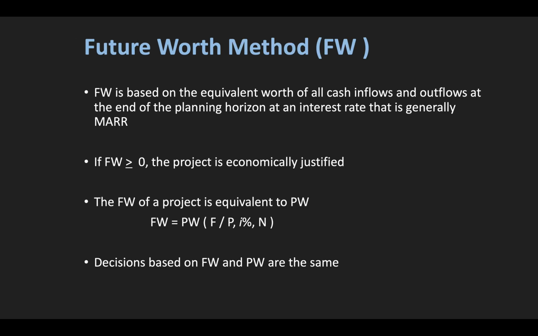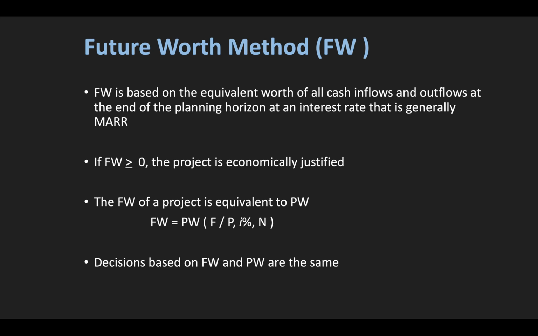And then obviously, if we can do present value, we can do the future value, future worth, right? Future worth is based on the equivalent worth of all cash inflows and outflows at the end of the planning horizon. The interest rate is generally MARR. Same thing.